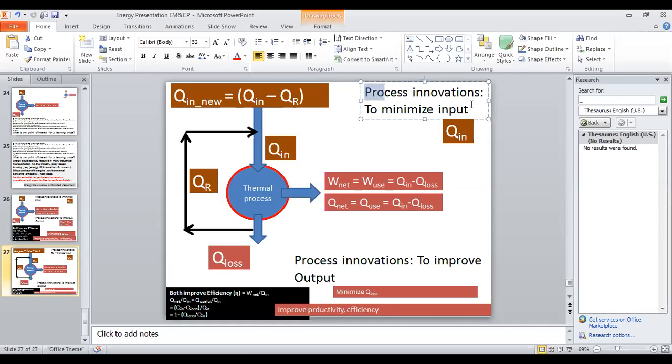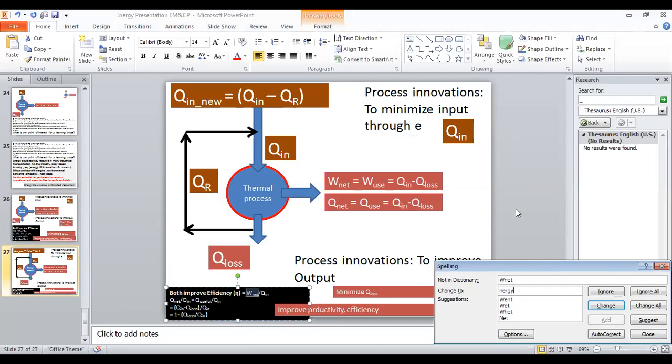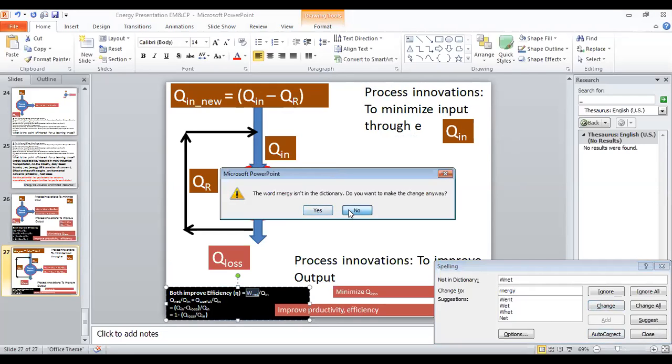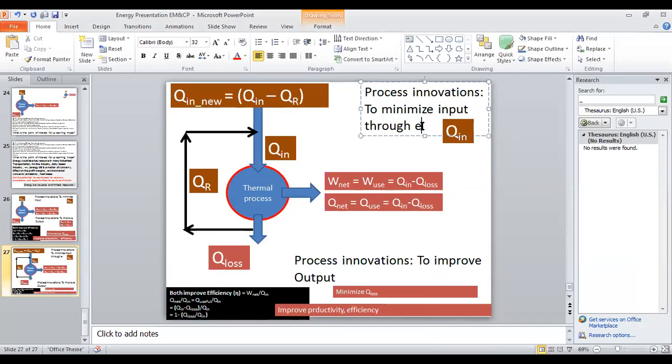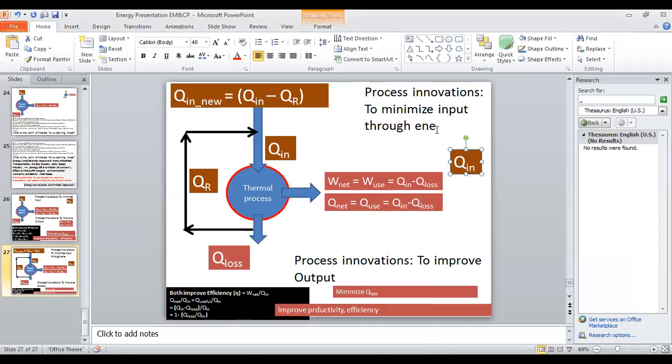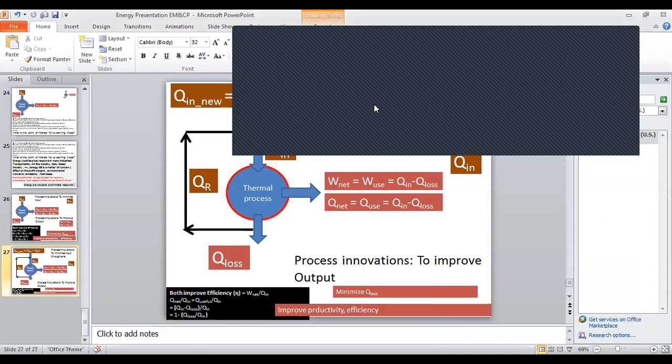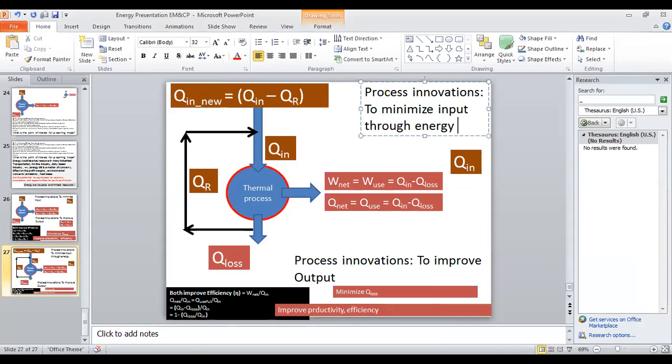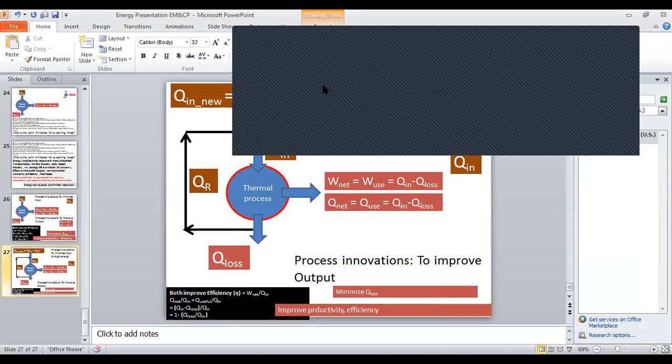Process innovation: to minimize inputs through energy recovery and reuse.